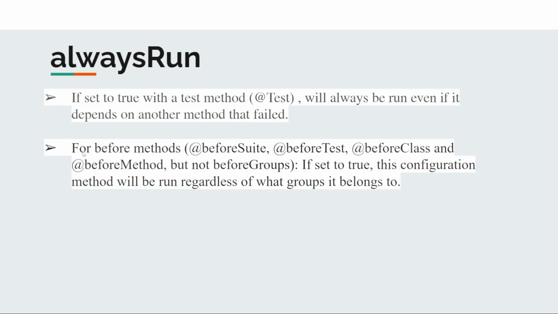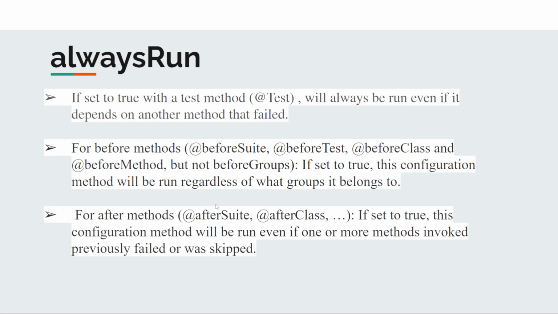And for before methods, like beforeSuite, beforeTest, beforeClass, beforeMethod, but not beforeGroups, if we set alwaysRun to true, this configuration method will run regardless of what groups it belongs to. This is very important.